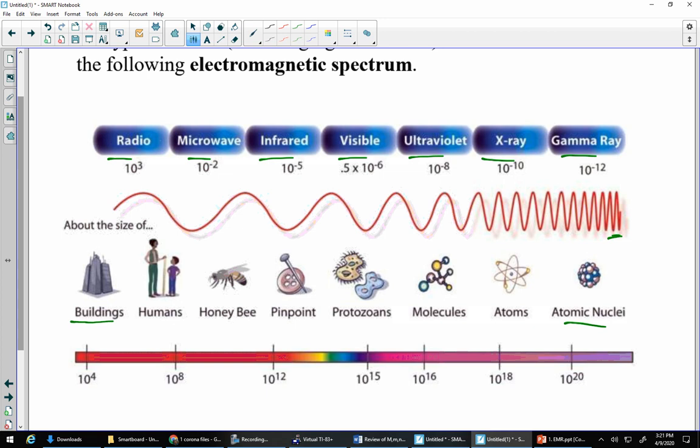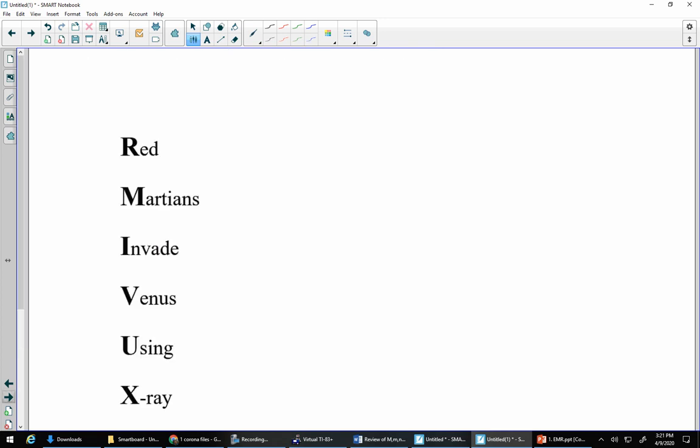I shouldn't say they all do the same thing. We'll talk about that as we move through this in the next unit, mostly next unit. But they all, for the most part, behave the same way. They're all changing magnetic fields and changing electric fields. It's wild. It's pretty crazy.